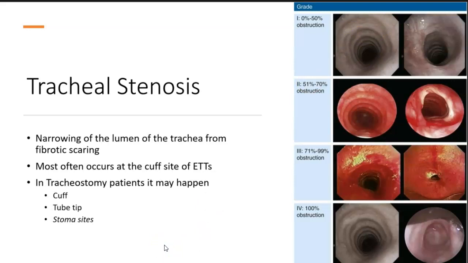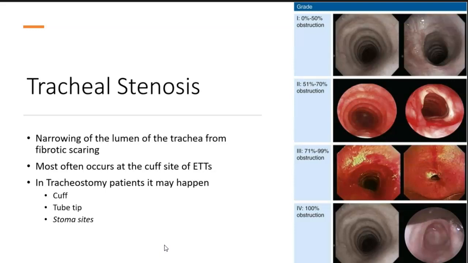So in tracheostomy patients, especially with tracheostomies that don't fit properly in the airway, that's why there are so many different sizes and so many different ways that these trach tubes are shaped and measured. If the tube doesn't fit the airway properly, the cuff can rub up against the wall if I use too much cuff pressure, or the tip of the tube could end up rubbing against the interior walls of the trachea, causing some scarring.